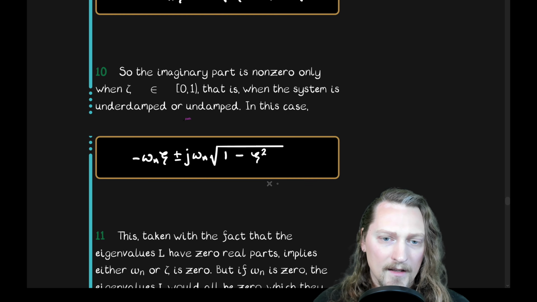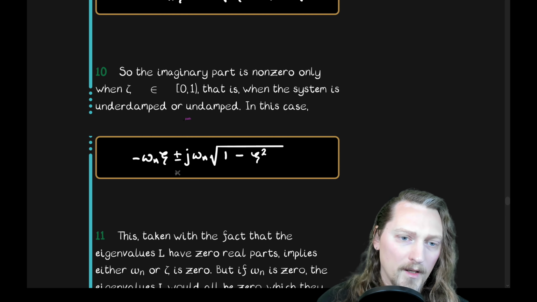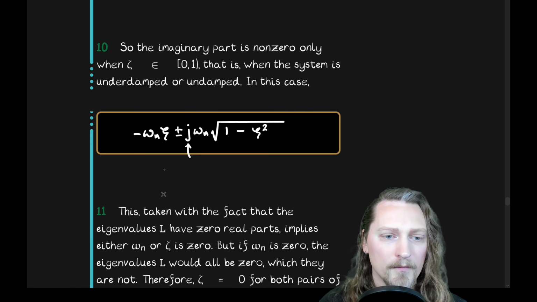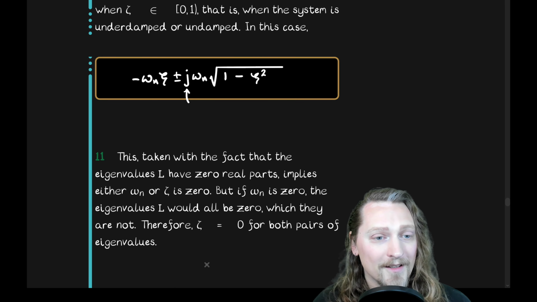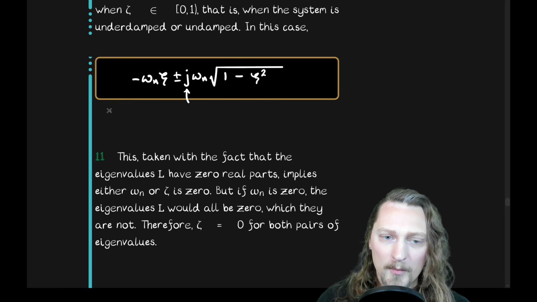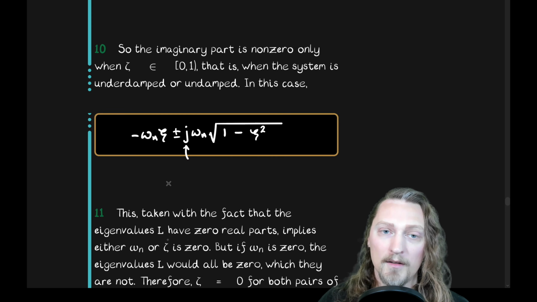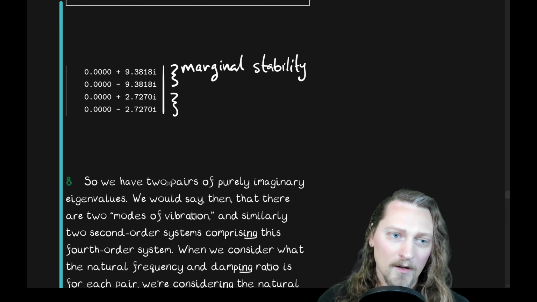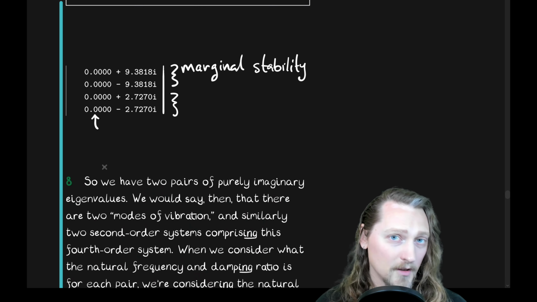So as long as zeta is between 0 and 1, including 0, not including 1, we have this imaginary j showing up here. Great. This, taken with the fact that the eigenvalues from the L matrix we've defined have 0 real parts. Okay, so if we back up here for just a moment, we remember all the real parts of the eigenvalues were 0 in our case.